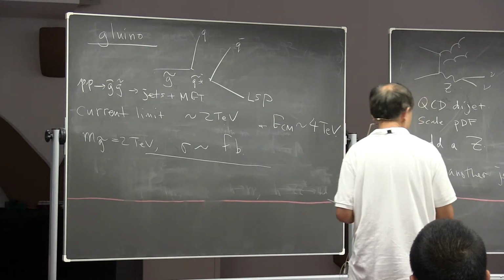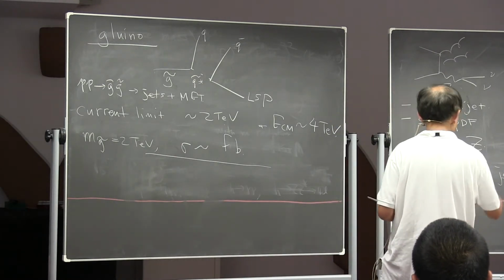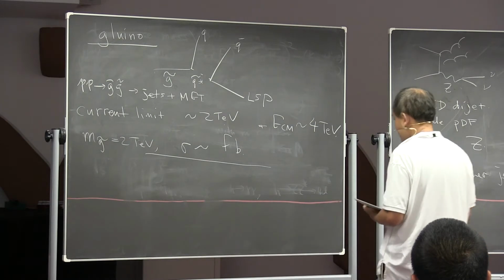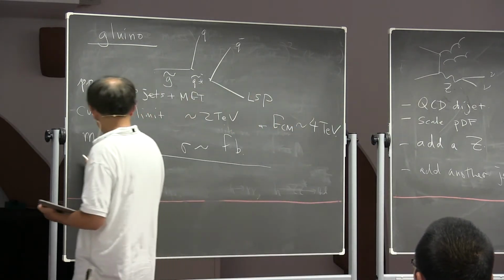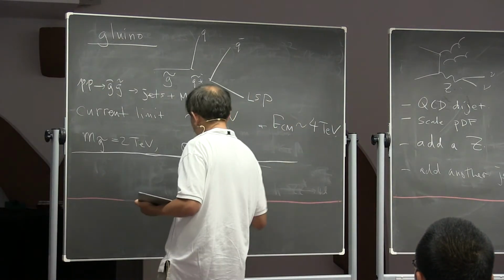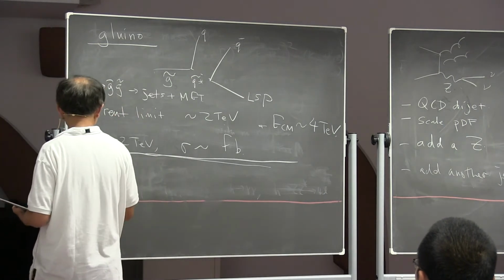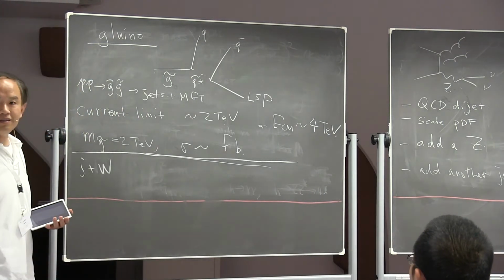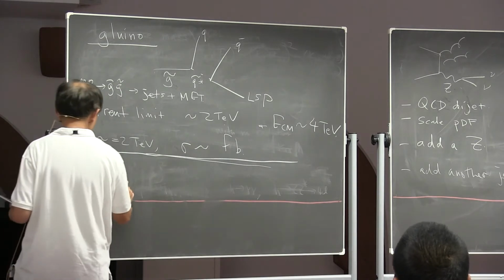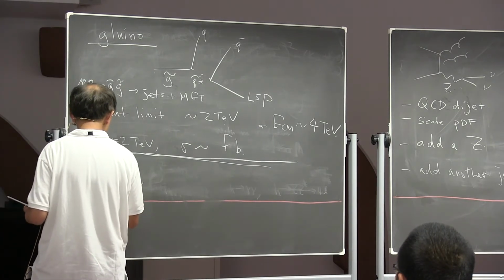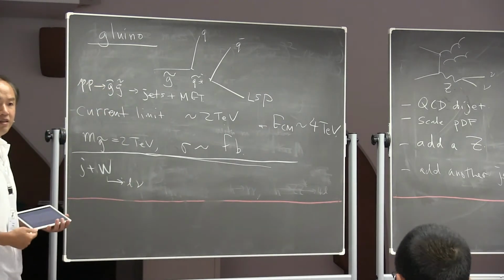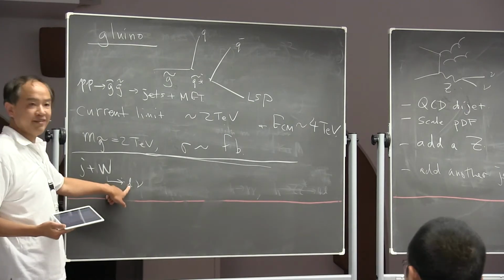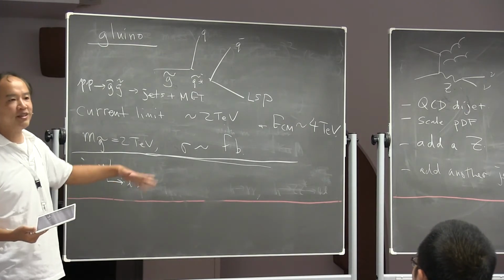You can follow this route to do something else. There are additional backgrounds. The background can be jet plus W, where W goes to L nu. You say, wait a minute, I have a lepton here. But the lepton can get missed.